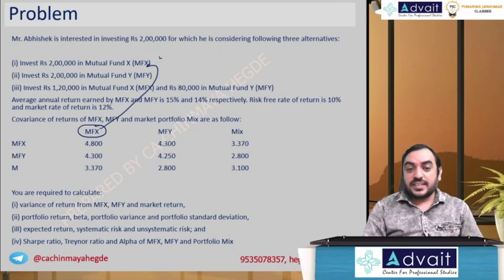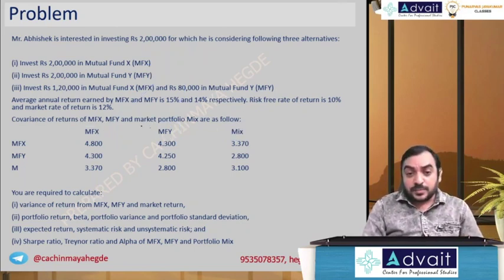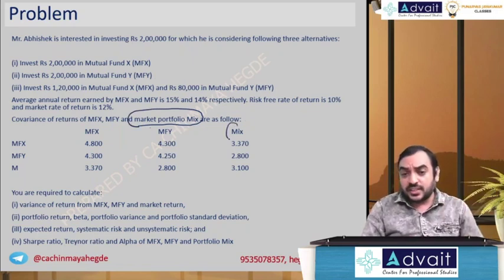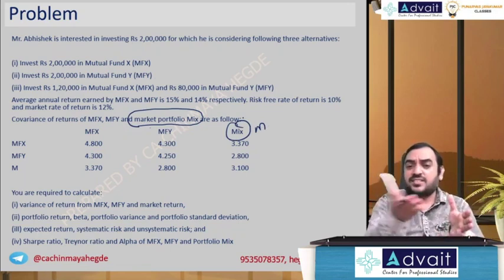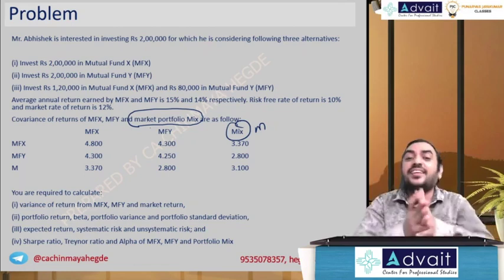MFX for first, yes, that is right. MFY for second, that is right. But the third one is not for mix. Read the question. This is the market portfolio mix. This is not the mix of 1,20,000 and 80,000. This is market, like market return, risk-free return, like that we give. So the third column represents market.